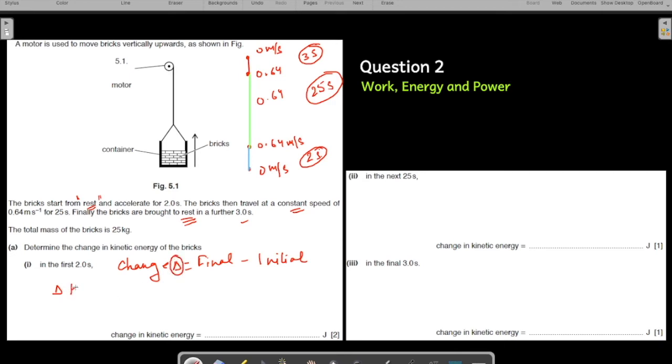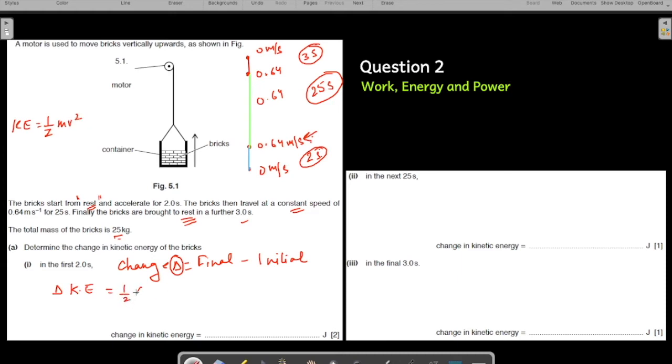Change in the kinetic energy will be the final kinetic energy minus the initial kinetic energy. The formula for kinetic energy is half mv squared. This is the formula that we are going to use.